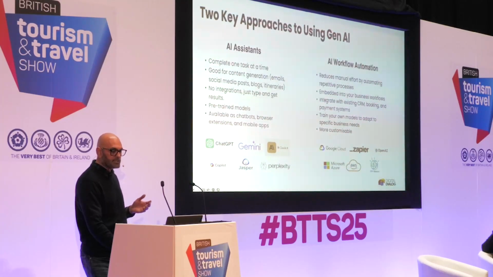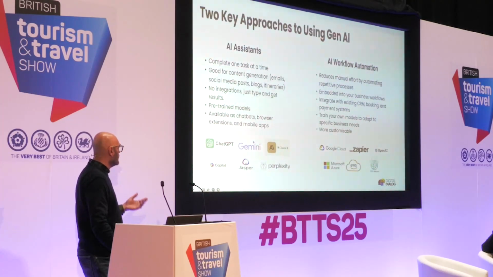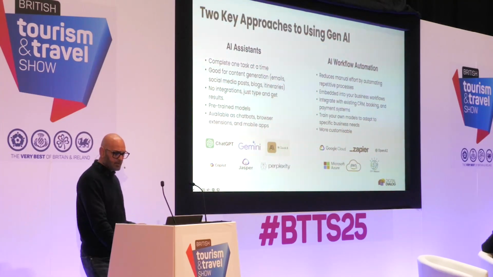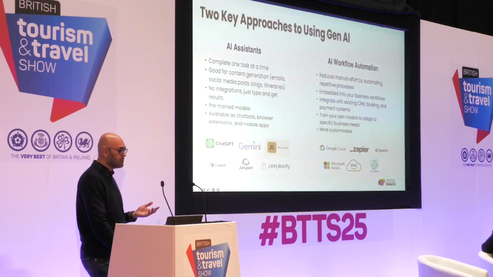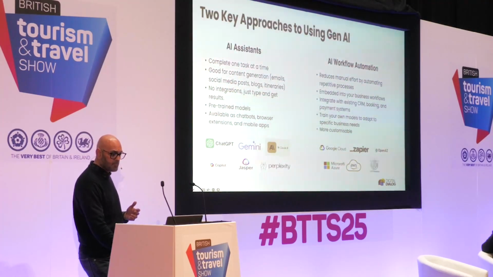The first approach is the default approach that is starting with AI assistant tools like ChatGPT, Google Gemini, you got Claude, Copilot, where you complete one task at a time. And that means just manually inputting a request and receiving a response. And all that's great for content creation, drafting emails, blogs, whatever. There's no integration required. You just type and get instant results. And these are pre-trained models.